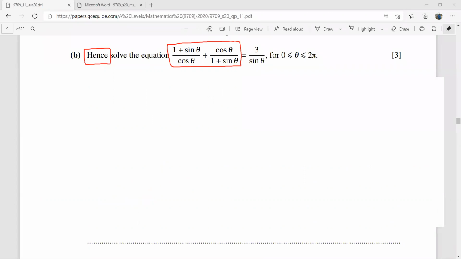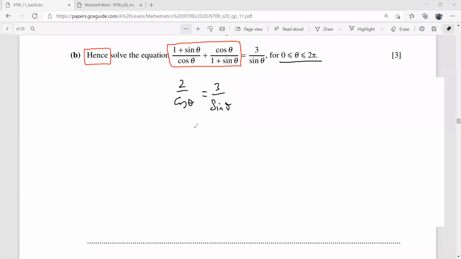That is 2 over cos theta, that is equal to 3 over sine theta. I know to solve this from 0 to 2 pi.